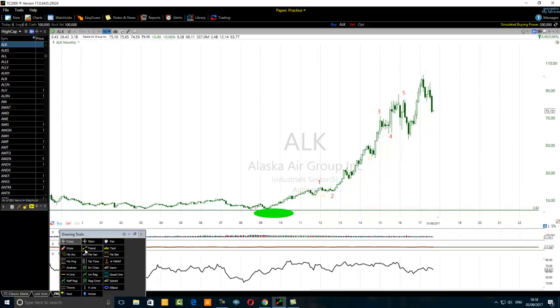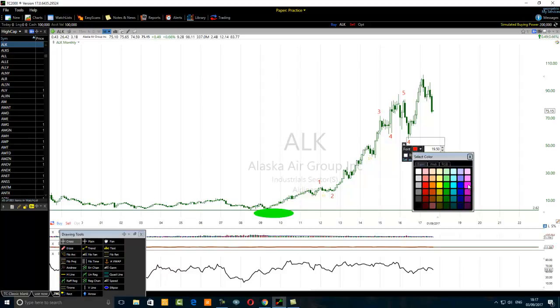So in that case, we'll say fourth wave of a higher degree, followed by the fifth wave. Okay, hold on, please. We have to change the color now because it's a different wave count of a higher degree. So we're going to change it into pink.